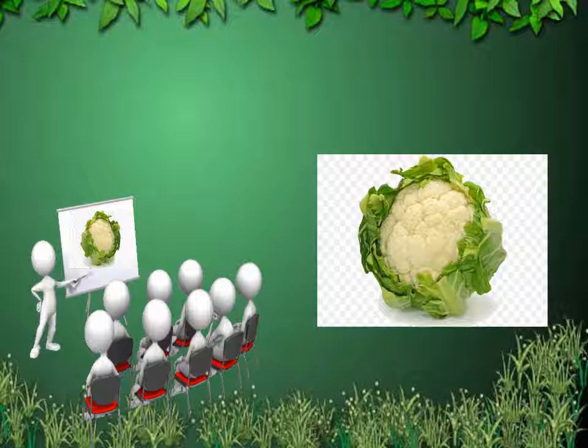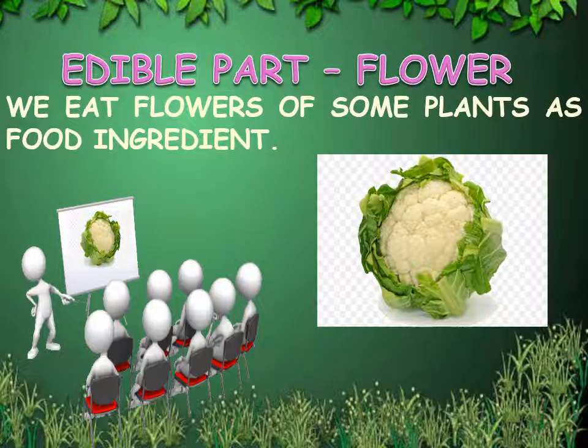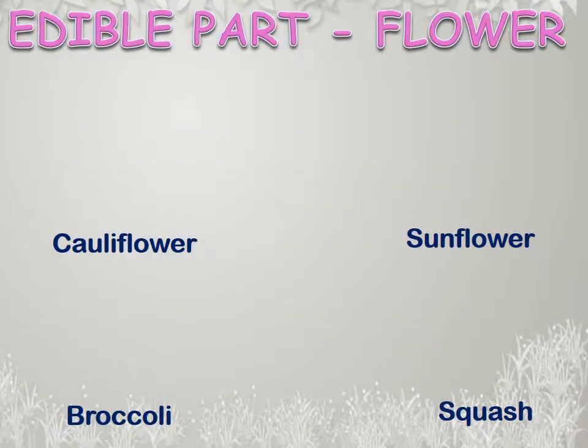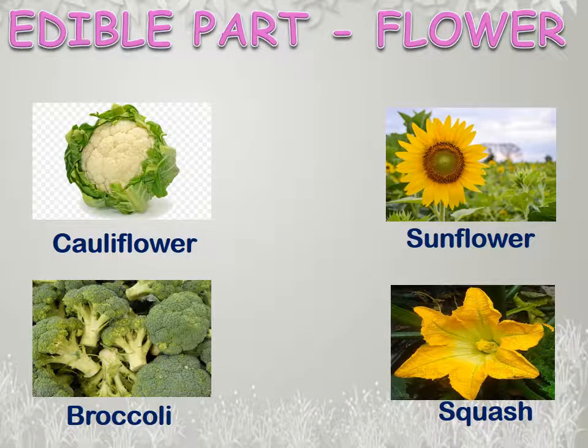Some plants have edible flowers. Cauliflower, broccoli, sunflower and squash are some examples of edible flowers.